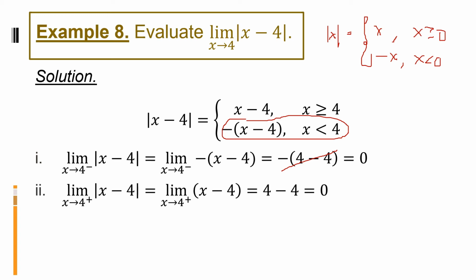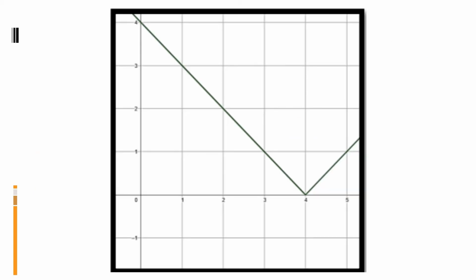And the limit as x approaches 4 from the right, eto naman, is equal to the limit as x approaches 4 from the right of x minus 4 by direct substitution, that is just equal again to 0. And both are equal to 0, kaya yung limit as x approaches 4 of the absolute value of x minus 4 is equal to 0. At ito yung itsura ng kanyang graph.